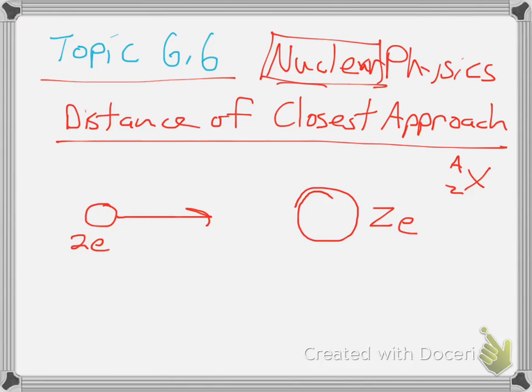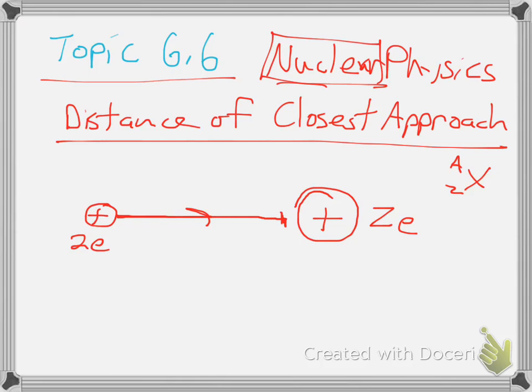So if you think about this, if it goes right at it and gets as close as, let's just say, right to there, and it stopped. It stopped right there because why? Well, this is positive and this is positive, so that's going to deflect it back at some point.